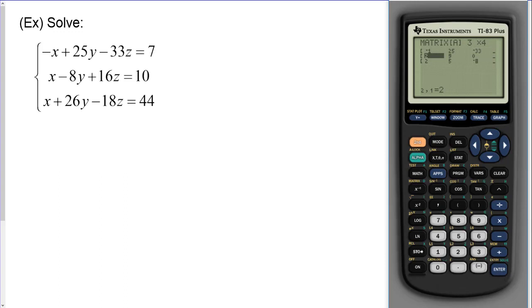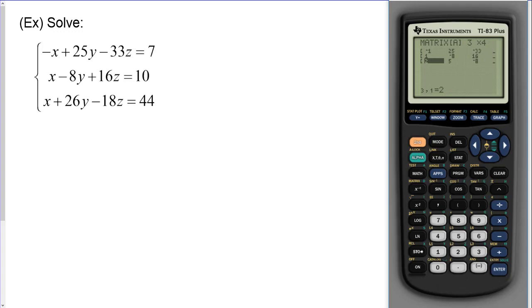For the next equation, which is 8x minus 8y plus 16z equals 10, would be 1, minus 8, plus 16, and 10.